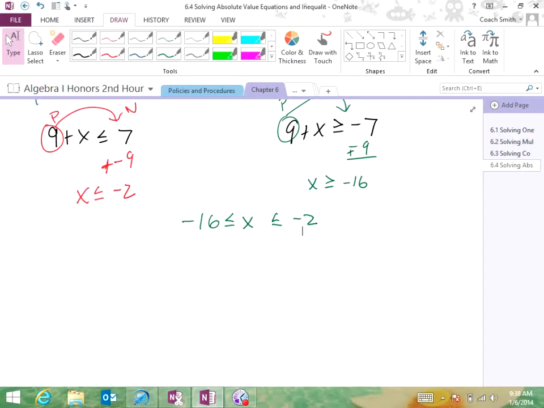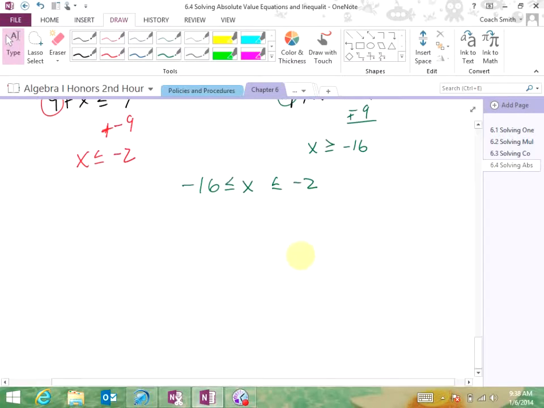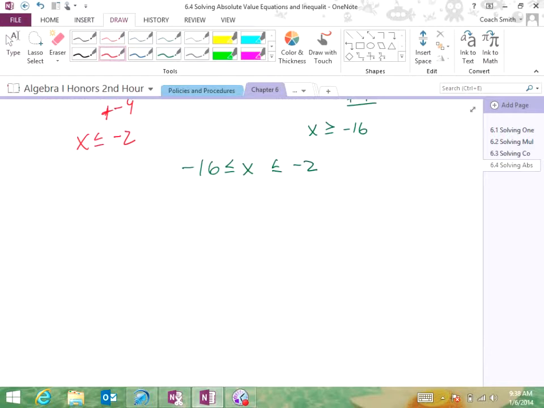Now, the reason it's an AND is because if I graph that solution, I've got to first of all have negative 16. So I'm just going to go by twos.